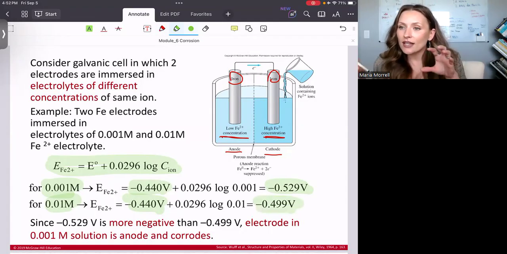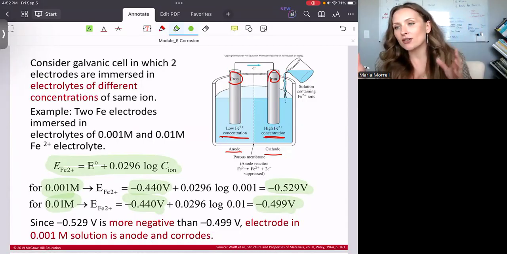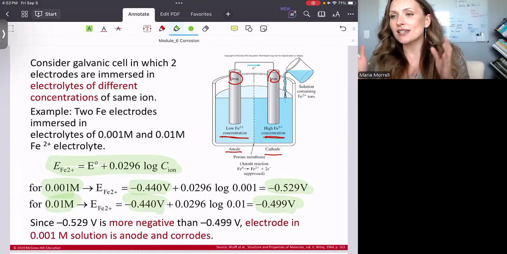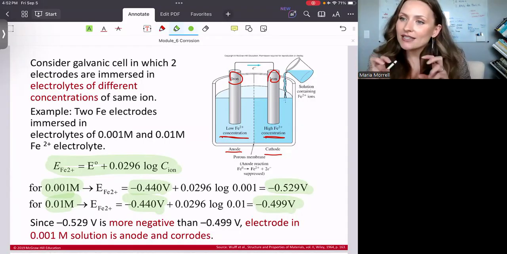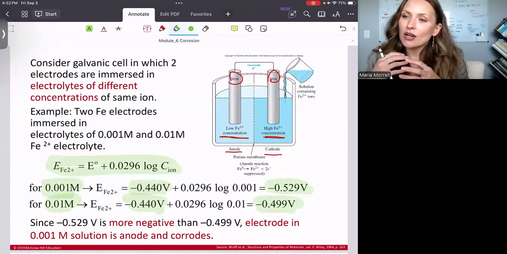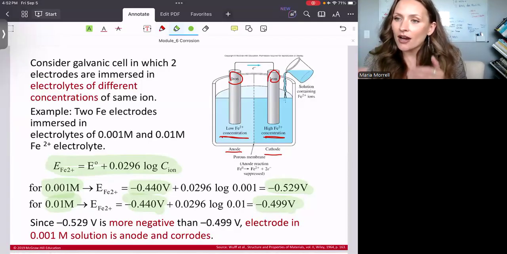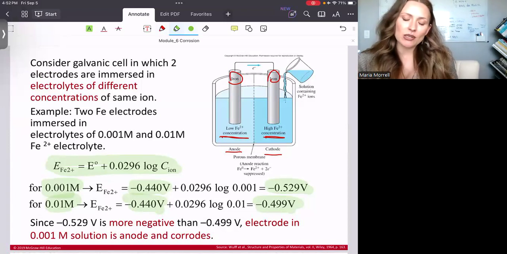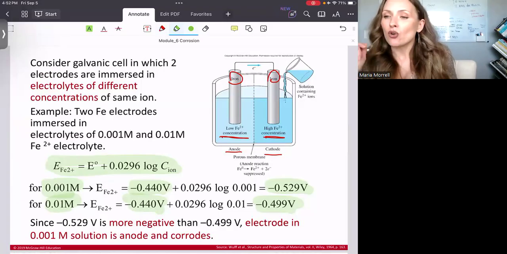So all of a sudden there is a gradient, right? Even though both electrodes are made out of the exact same iron, they are now dissimilar. They act as dissimilar because they have a different potential, and the potential difference is established by the iron concentration. That was a bit hard to pronounce, but hopefully that makes sense.